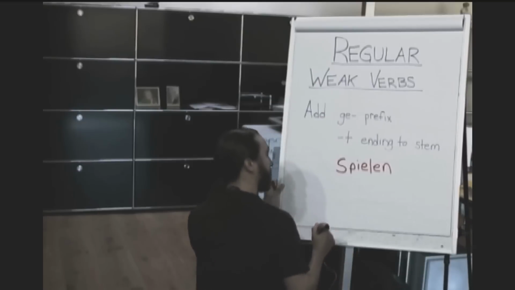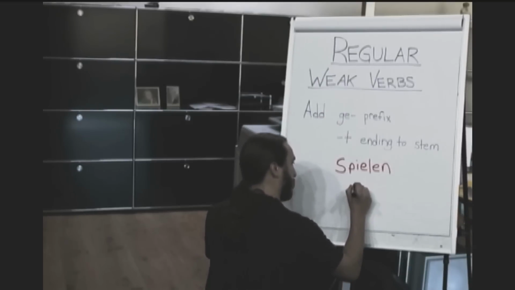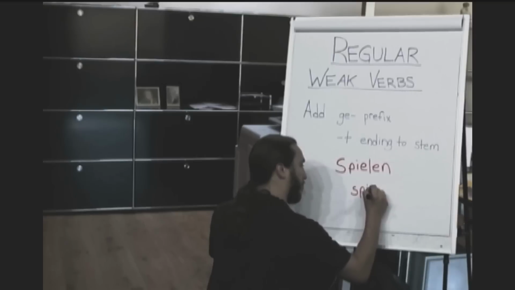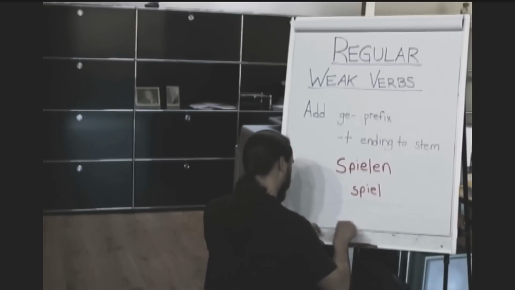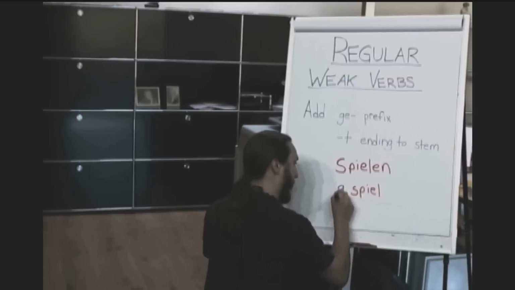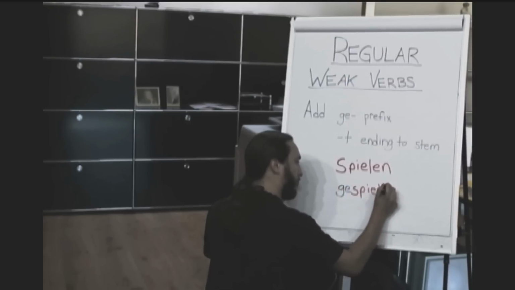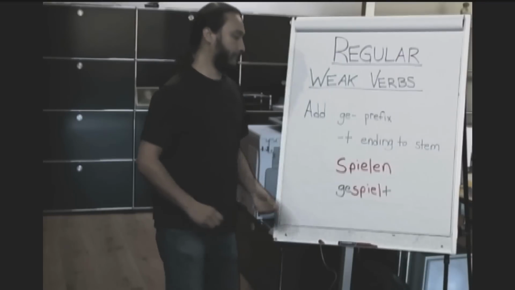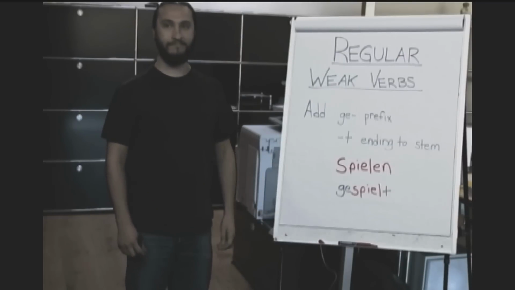If we were to create the participle of spielen, we'd put a GE prefix in front of it and a T at the end of the stem. Let's see what it'll look like. Gespielt. That is a regular weak verb, and that's the way you make a participle for a regular weak verb.